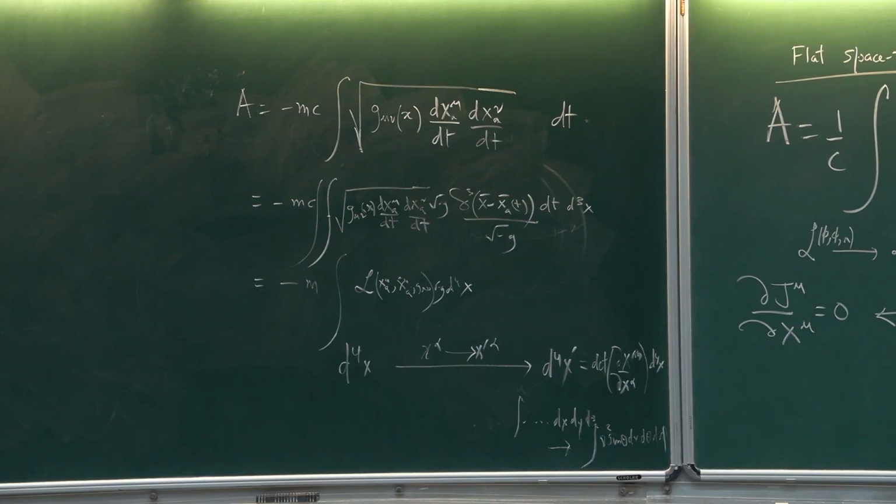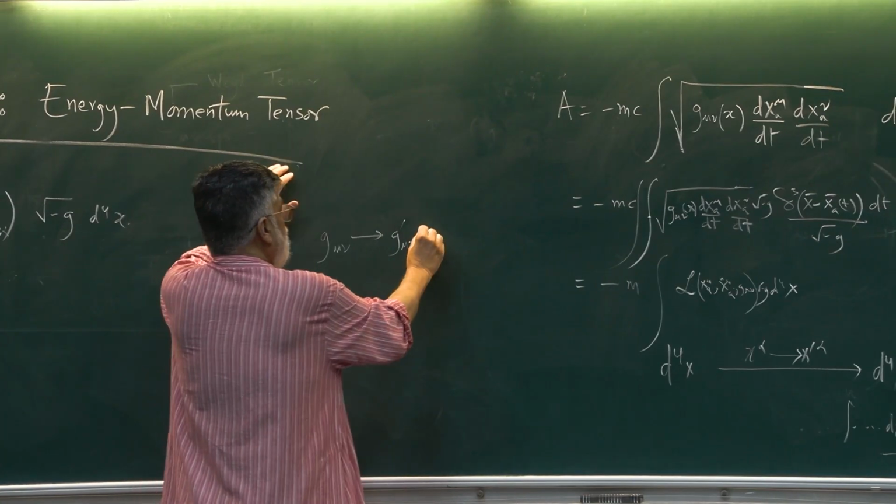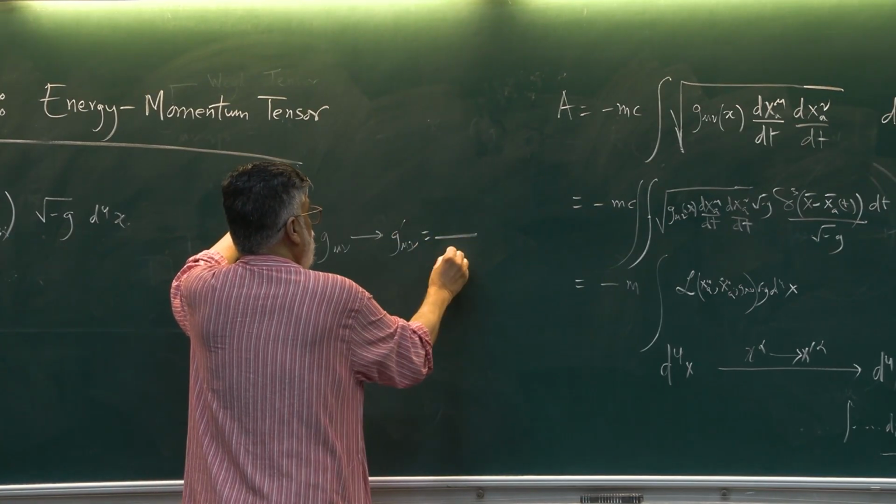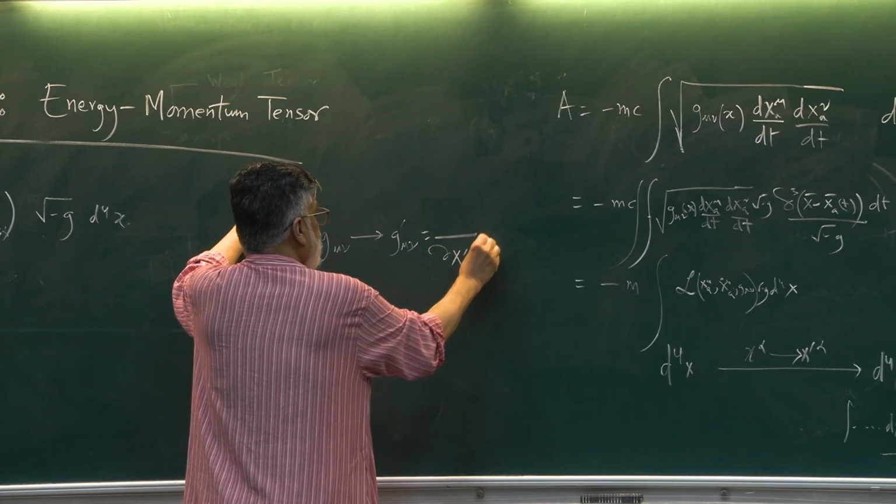I have to multiply d4x by some quantity which cancels the Jacobian, because d4x prime is the Jacobian times the old d4x. And what is that quantity? It is root minus g. Why? Because consider g mu nu. Under a coordinate transformation, g mu nu will go to g prime mu nu, which by definition, being a covariant metric tensor, will be this.